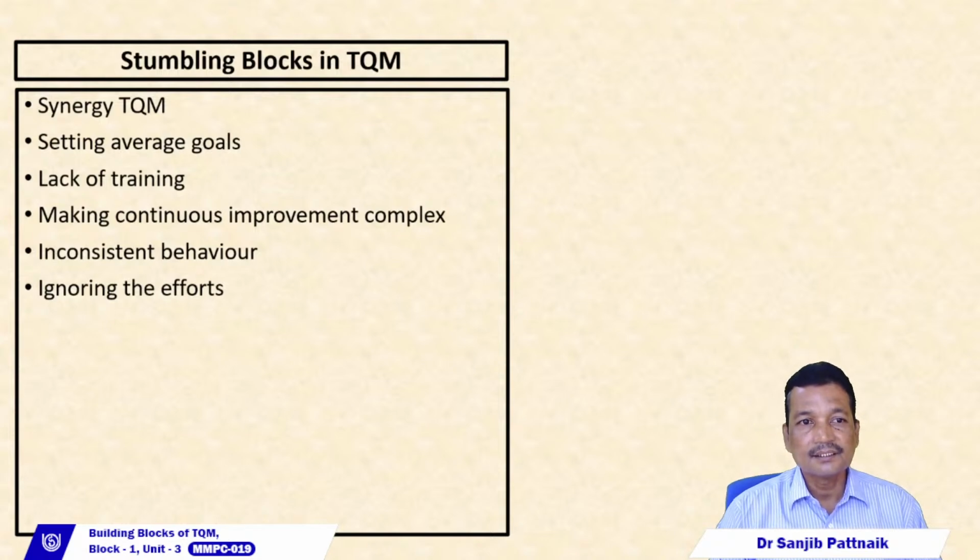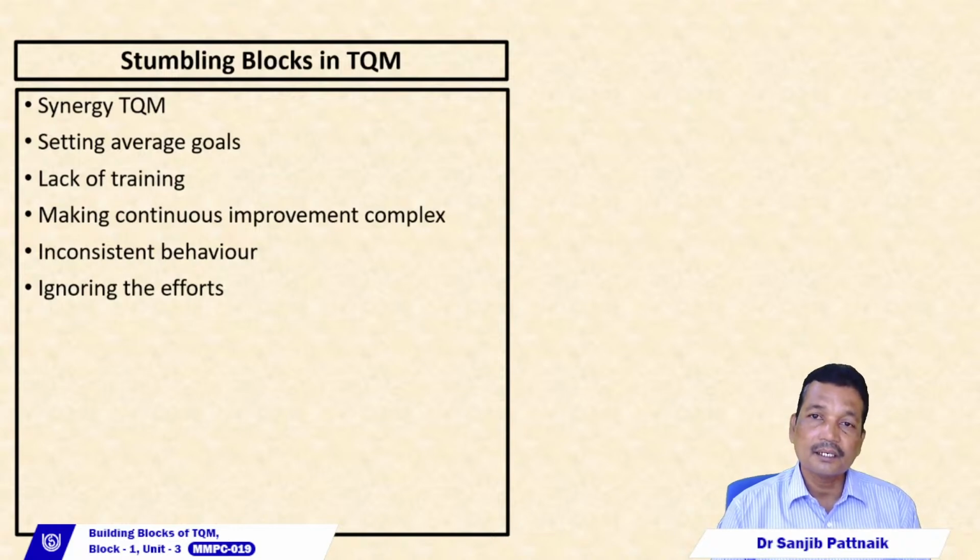Second is setting average goals. Now, when we are going for TQM, we get excited and set up goals which may not be possible for the employees to achieve.